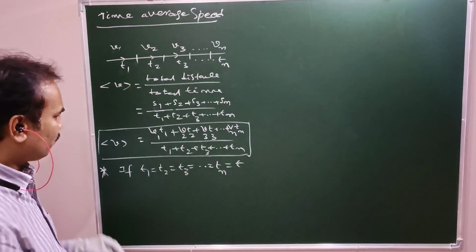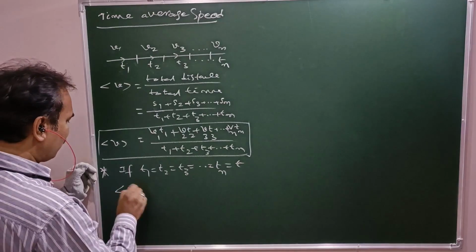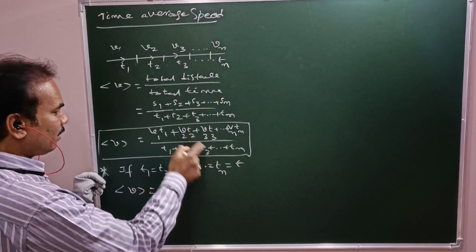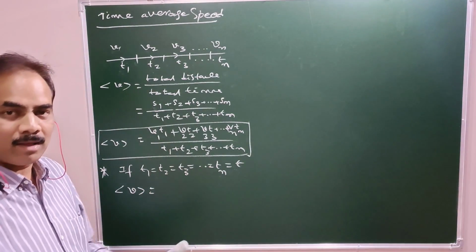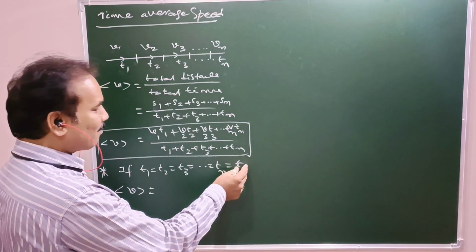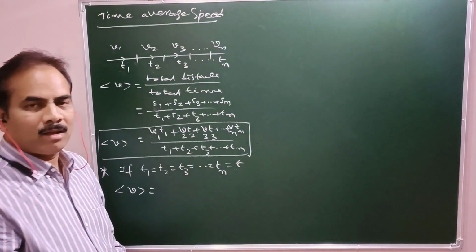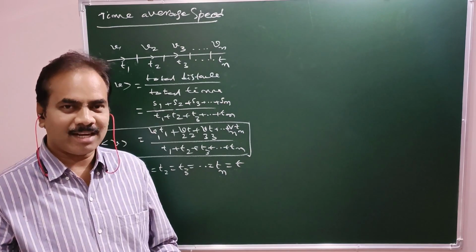Now replace: average speed V equals V1t plus V2t and so on. Since T1, T2, T3 up to Tn are all equal to t, the width of each interval is t. What is the total time of journey? t plus t plus t plus up to n times t, that is nt.